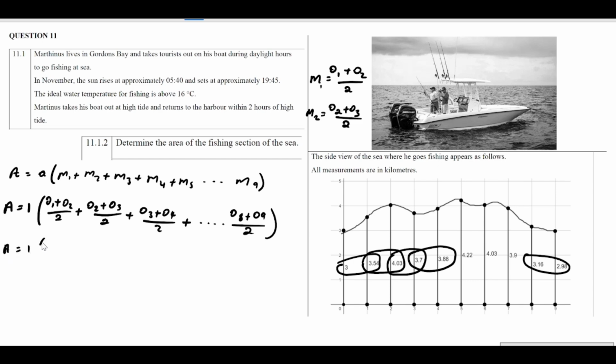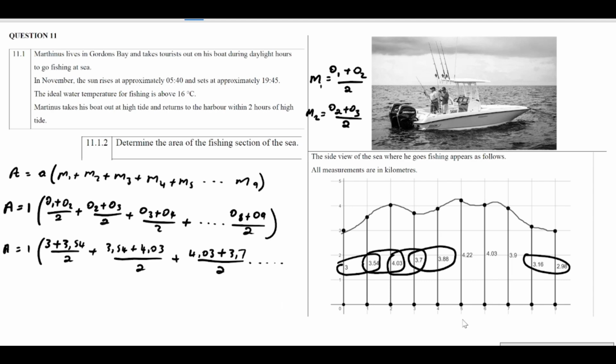A equals 1 times your O1, which is 3, so you have 3 plus your O2, which is 3,54, divided by 2, plus 3,54 plus the next one, 4,03, divided by 2, plus 4,03 plus 3,7, divided by 2.